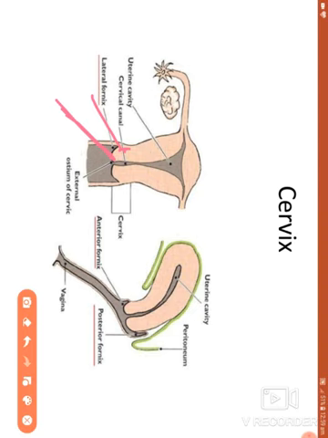It projects into the vagina and forms some spaces called the fornices. Here in the coronal view, you can see these are the lateral fornices. In the sagittal view, this is the anterior fornix and this one is the posterior fornix. Those spaces are called the fornices.